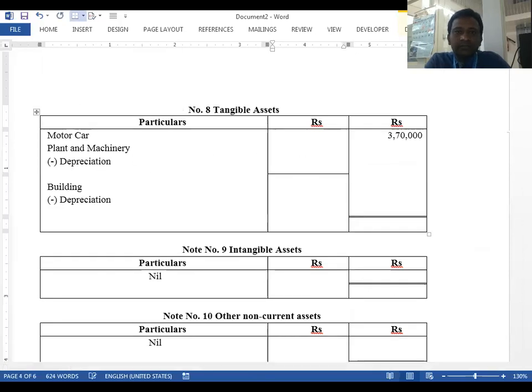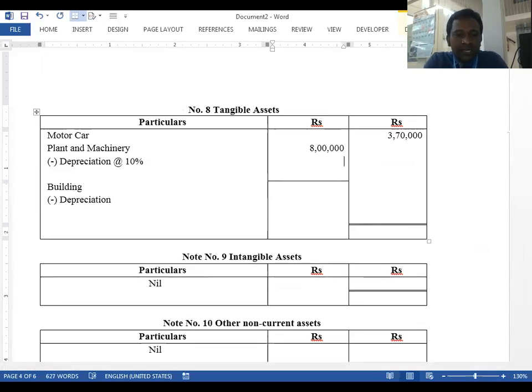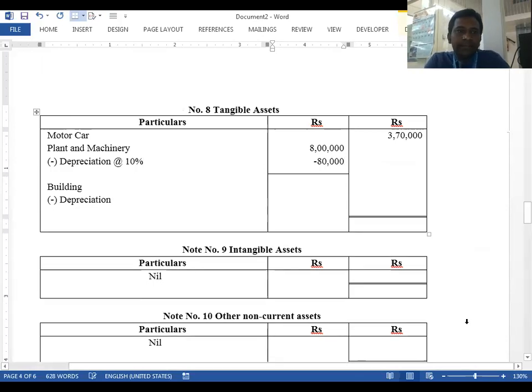See here, and less depreciation at 10%. 8 lakh multiplied by 10%, that is 80,000. 80,000 is the depreciation on plant and machinery. So 8 lakh minus 80,000, 7 lakh 20,000 is the rest amount.